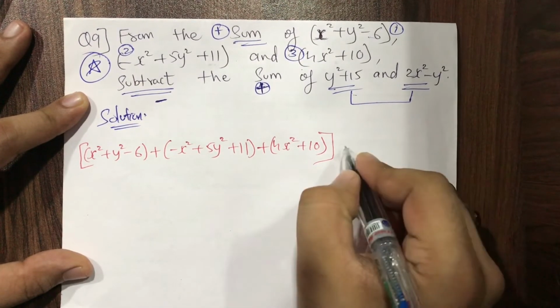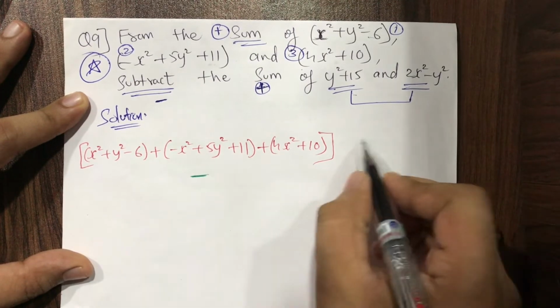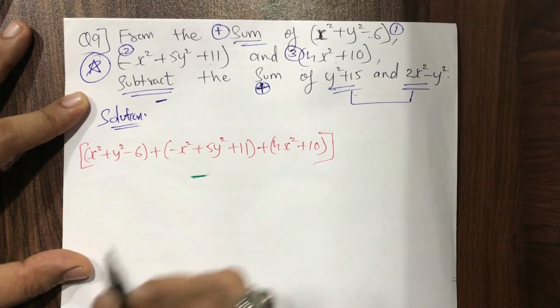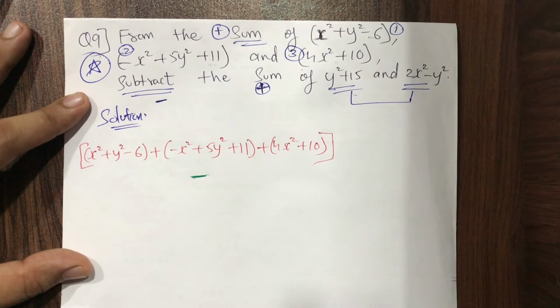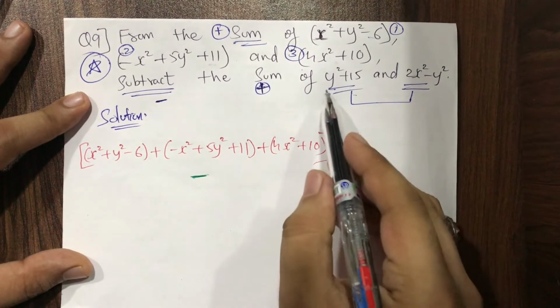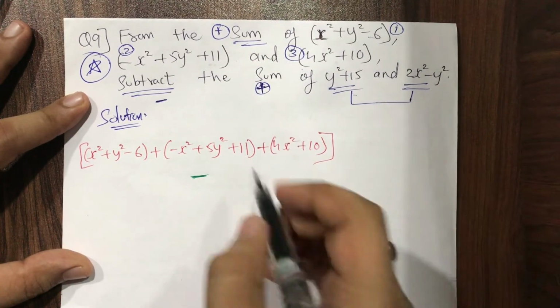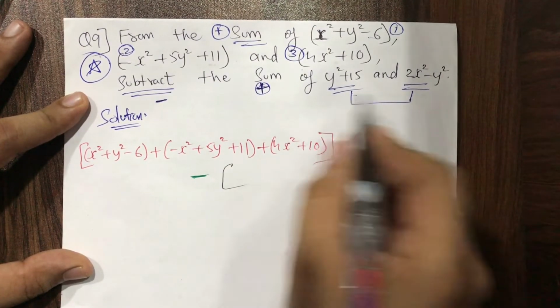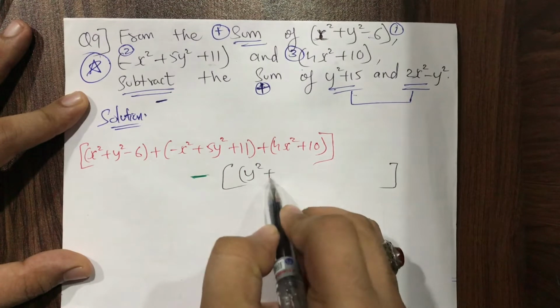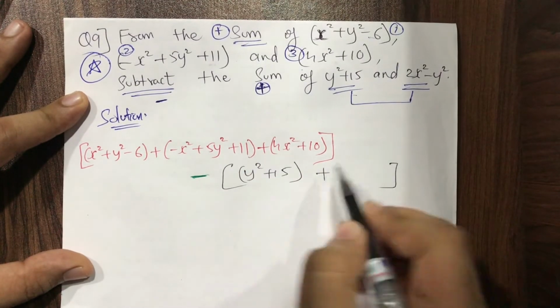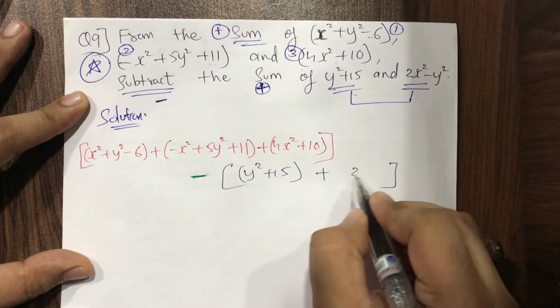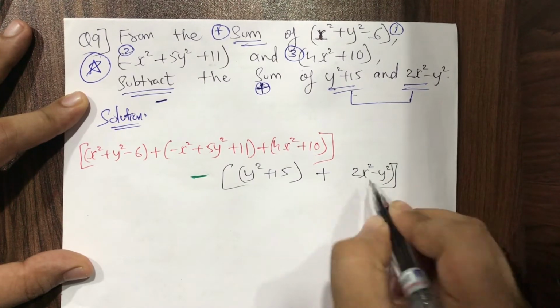Okay, so I'll write here minus, because I don't have place here, that's why I write here minus. Minus what? We have to subtract the sum of these two terms. So square bracket and these two terms, y square plus 15, sum, so that's why plus here, 2x square minus y square.